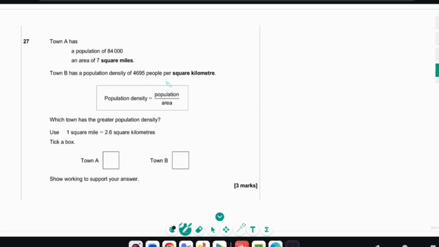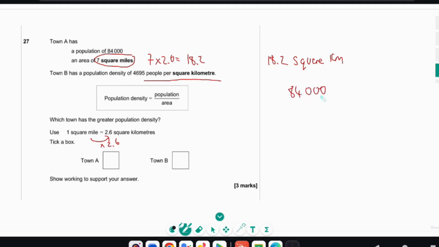Okay, because this is in square kilometres, we want to convert 7 square miles into square kilometres. We're going to do that by timesing it by 2.6. 7 times 2.6 is 18.2. So that's 18.2 square kilometres. So the population density is population over area.